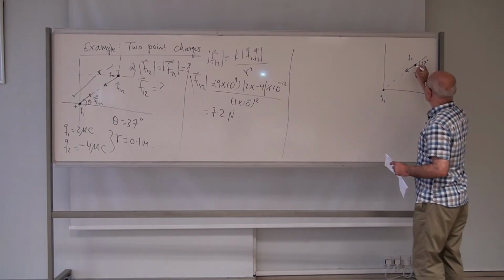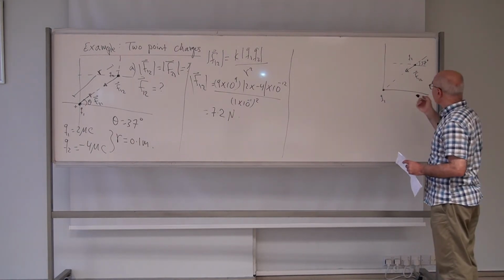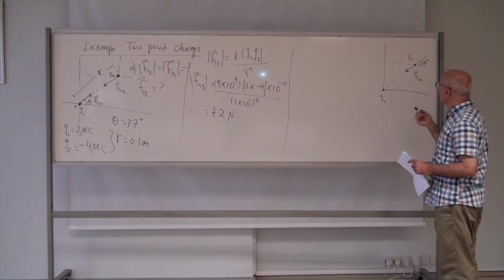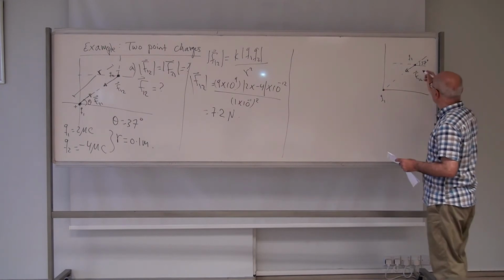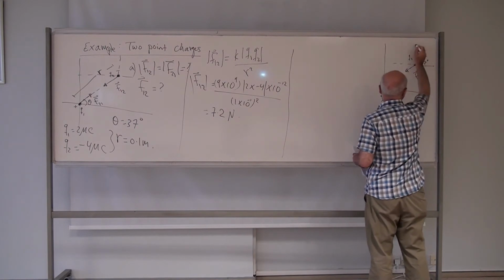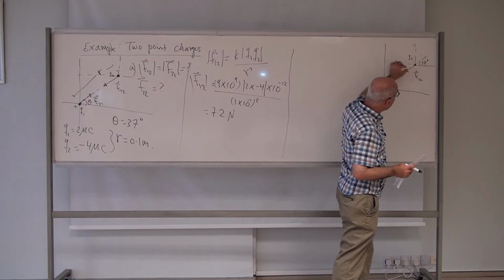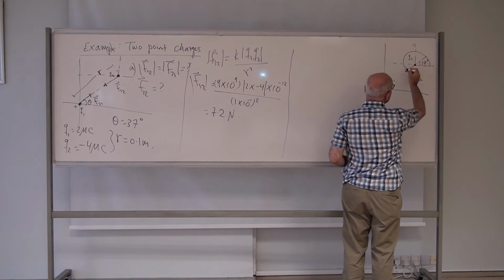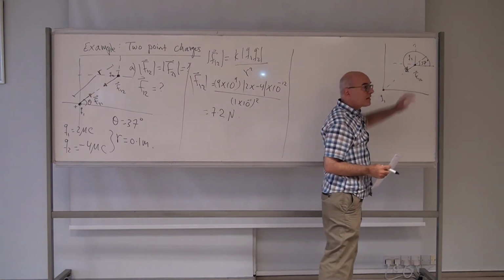Now, this F12 is a vector, and this vector has a magnitude of 7.2 newtons, and I want to express it as a magnitude and an angle. And this angle usually is given with the positive x-axis. So if you draw the positive x-axis at the location where the vector acts, then I have to report the vector as the magnitude plus the angle.